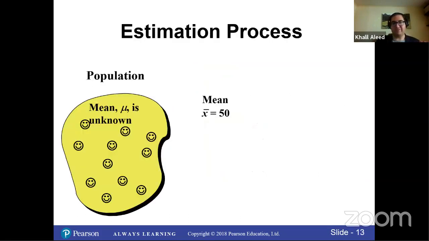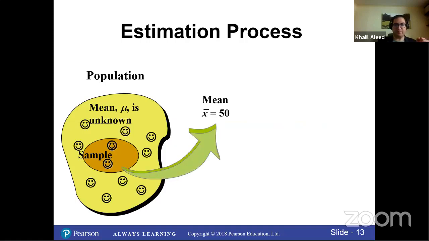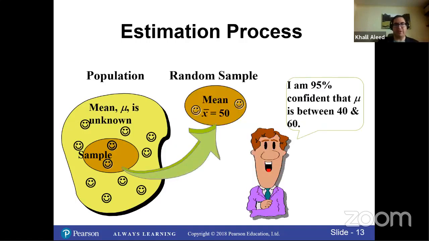So the confidence level, this is just to simplify what we're trying to say. I have the population. This yellow thingy is the entire population. I took a sample, and I calculated the X bar, or the mean of this sample, and I found it's 50.